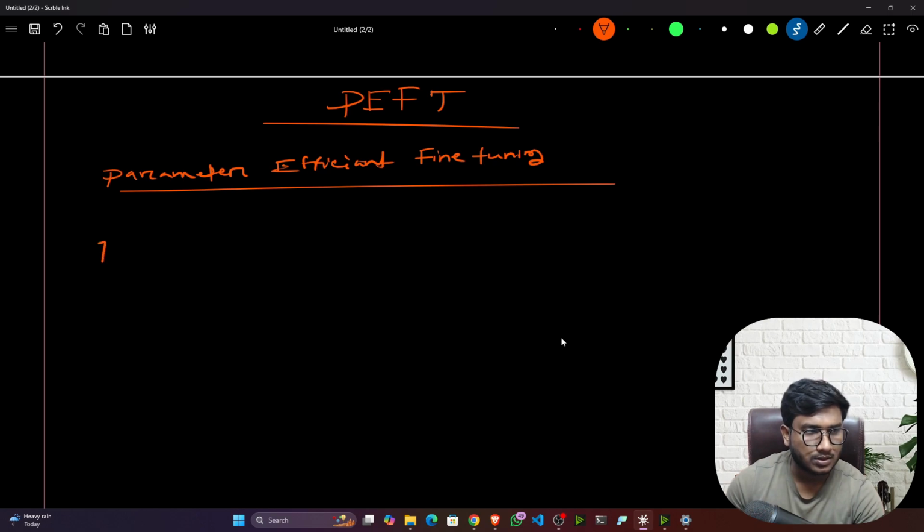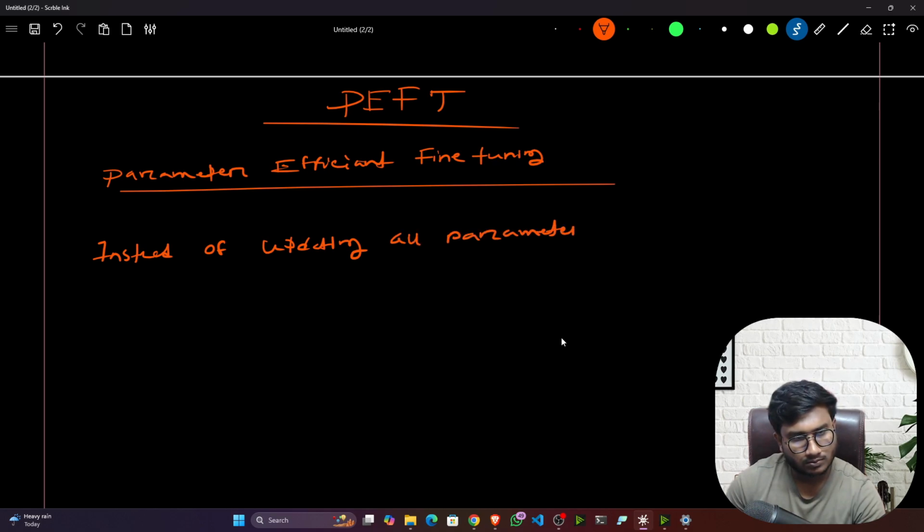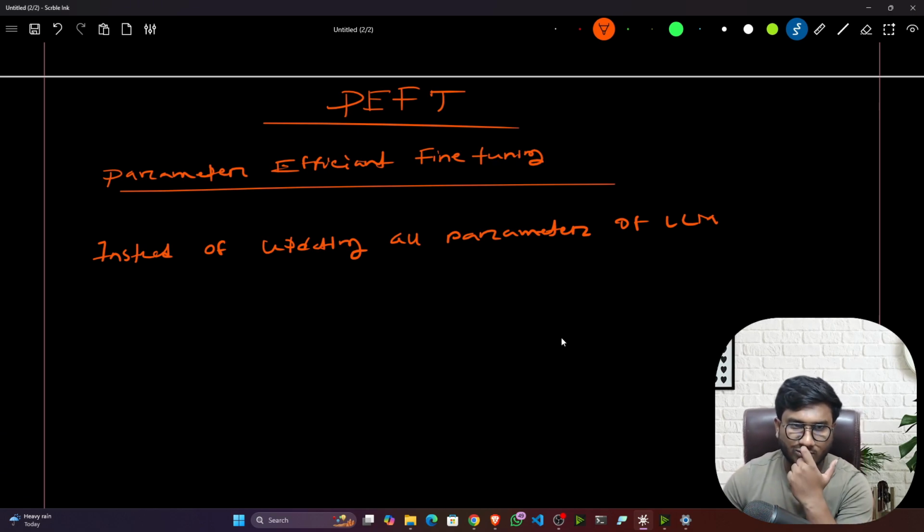So see here, instead of updating all parameters, okay, parameters of LLM models like GPT, then we have LLaMA, okay, then we have Falcon, Mistral.